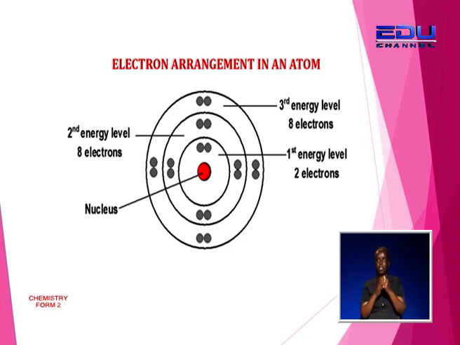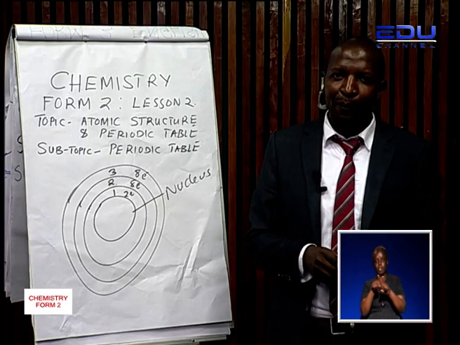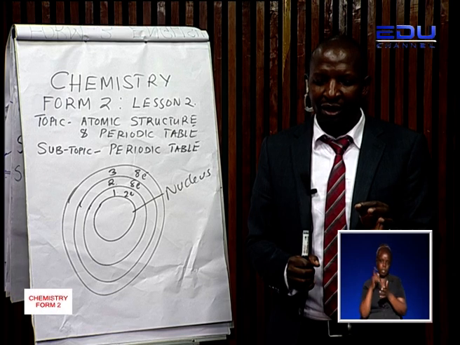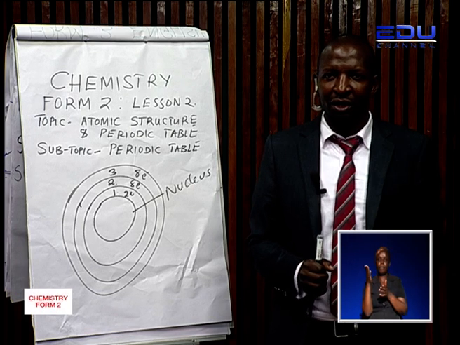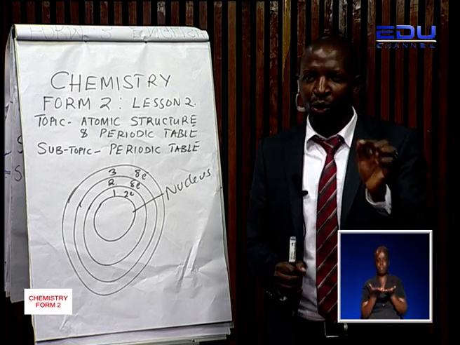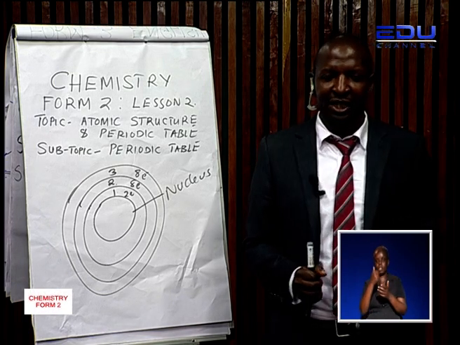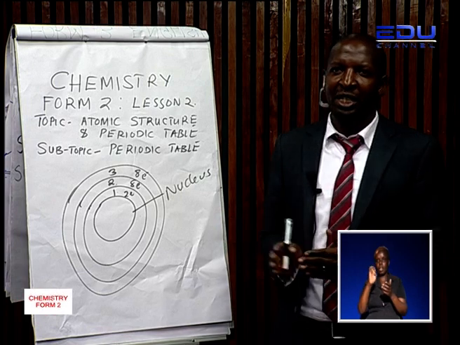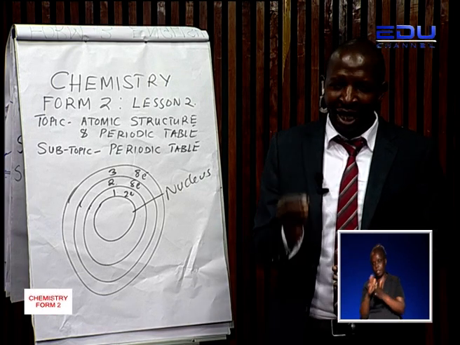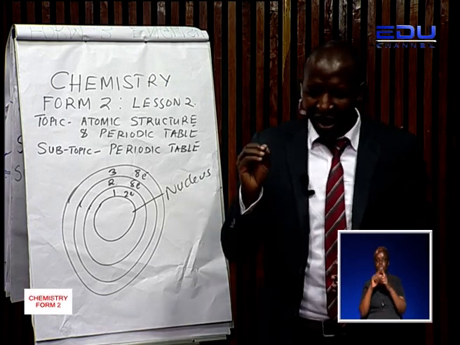But there is something very important for the student to understand: this scenario is only true for the first 20 elements. This arrangement only applies to the first 20 elements.